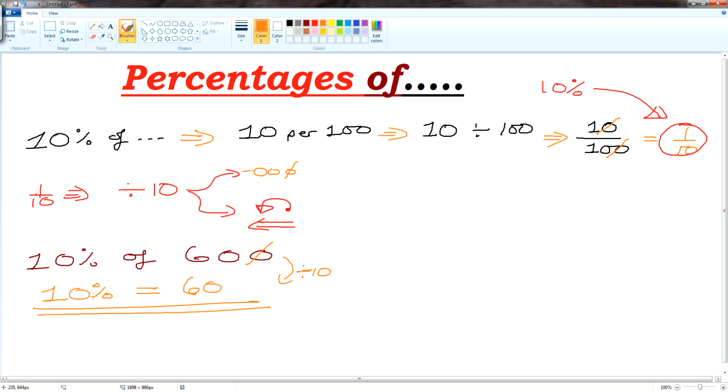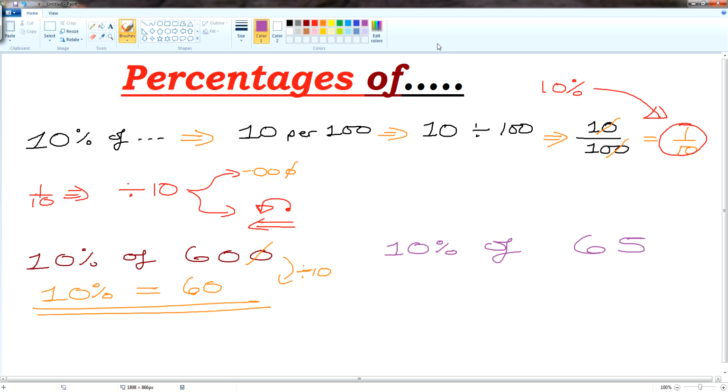Okay, now next example. We're going to work out 10% of, say, 65. Now this 65 has got no zeros at the end of the number.